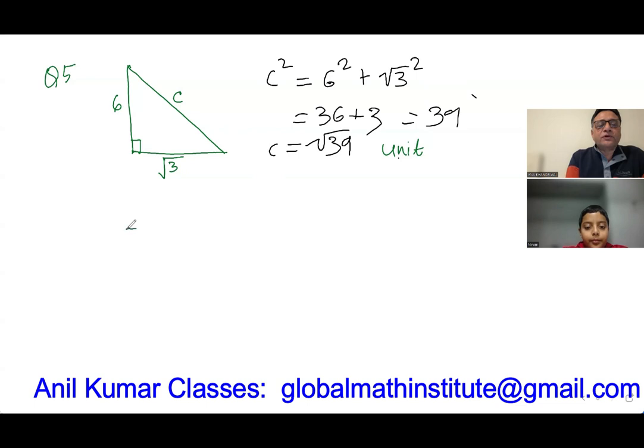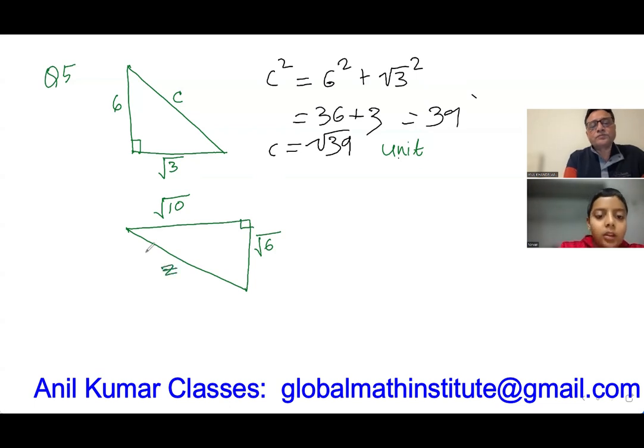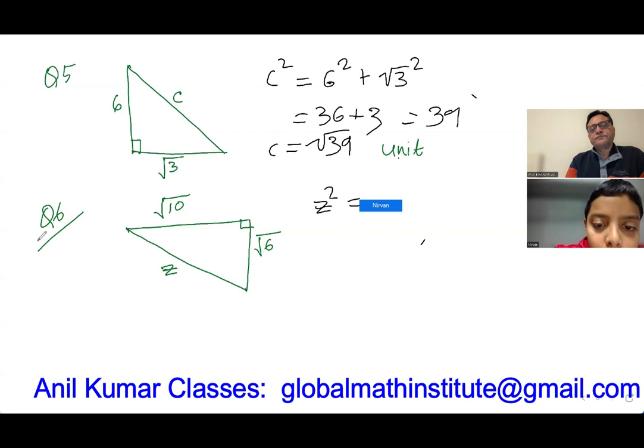Now, here is the next question for you. In this case, I am taking the lengths of the sides as square root of 10 and square root of 6. Can you find me the hypotenuse? Let's see, what variable? Z. Z square equals square root 10 squared plus square root 6 squared.